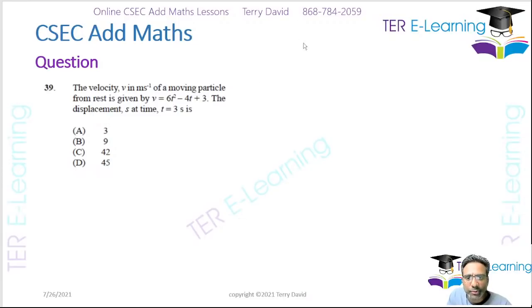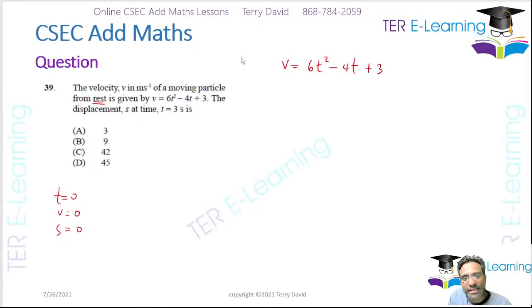So they give us an equation for velocity and they want us to find the displacement. They said the particle is moving from rest. That tells us that when t is equal to 0, v is equal to 0 because you're starting from rest, and we will say that the displacement is 0 at that point as well. So we have v is equal to 6t squared minus 4t plus 3, and I want to find displacement.